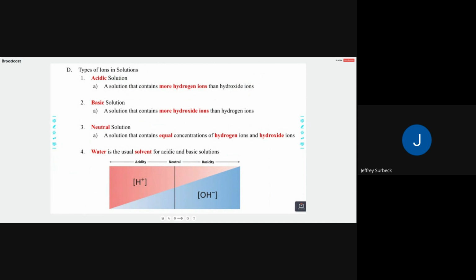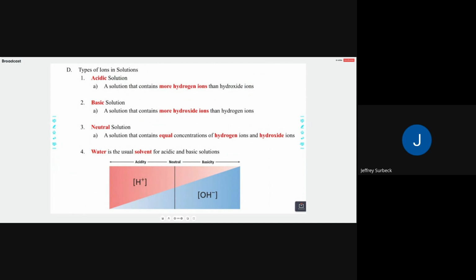That is your hydrogen. As you start to have more and more hydroxide ions, you're going to have a basic solution. And a neutral solution has an equal amount of hydronium ions and hydroxide ions.